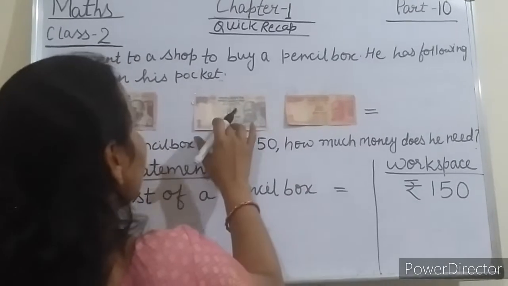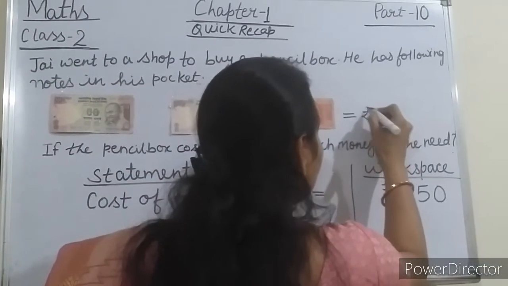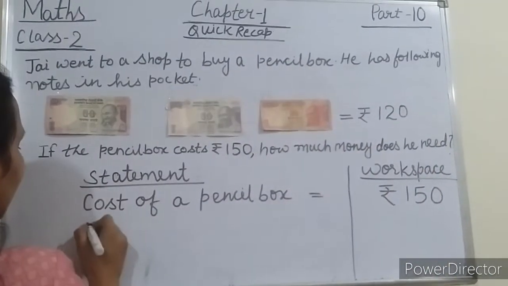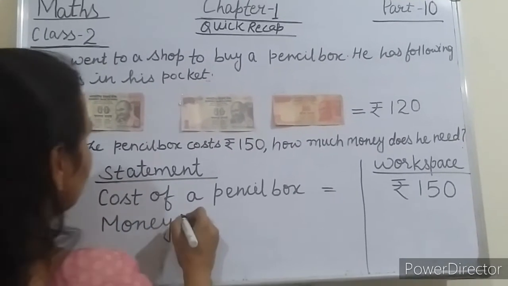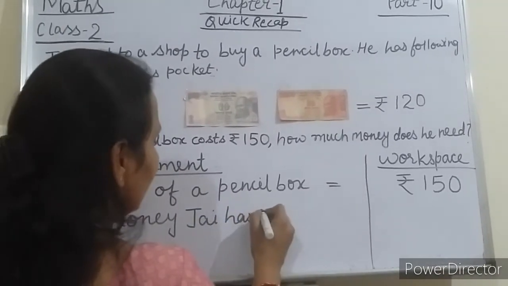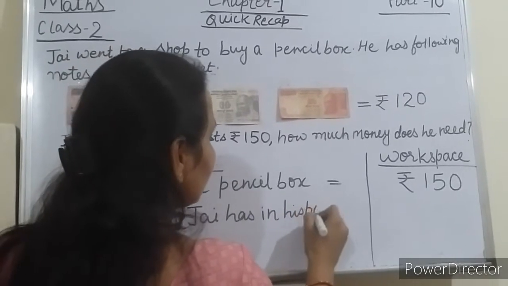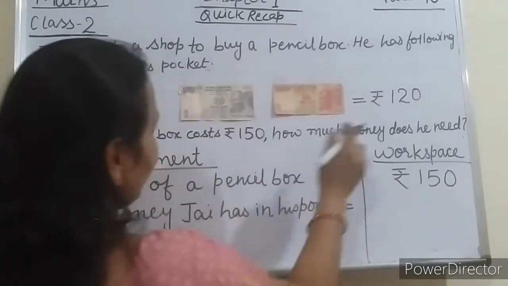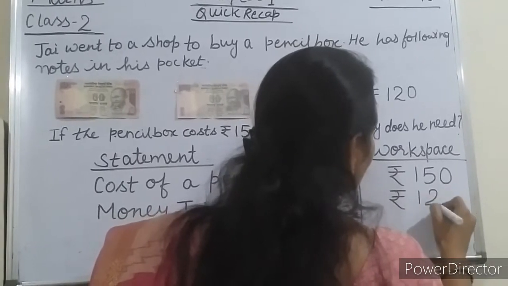If we will add 50 rupees plus 50 rupees and 20 rupees, then it will be rupees 120. So, money Jay has in his pocket is equals to rupees 120.